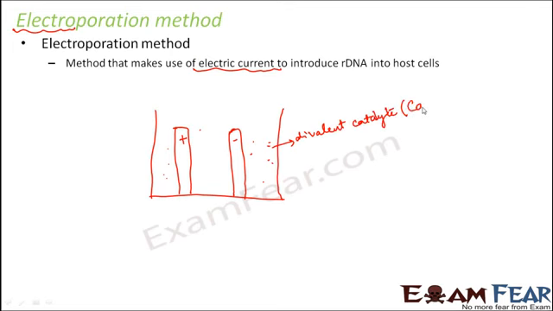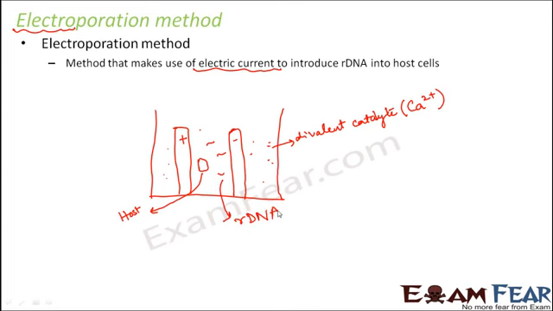This divalent catalyst could be anything like calcium ion. These are the two electrodes as I mentioned, and let us suppose this is the host cell. Inside this host cell, we want the recombinant DNA to enter. And let us suppose these are the recombinant DNA present inside this chamber.